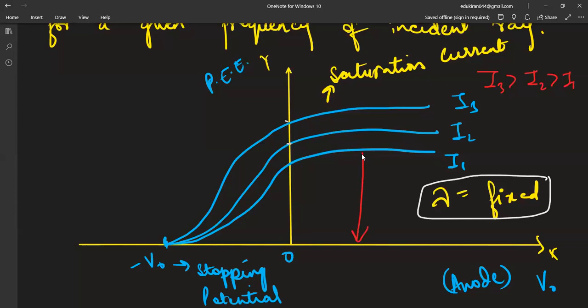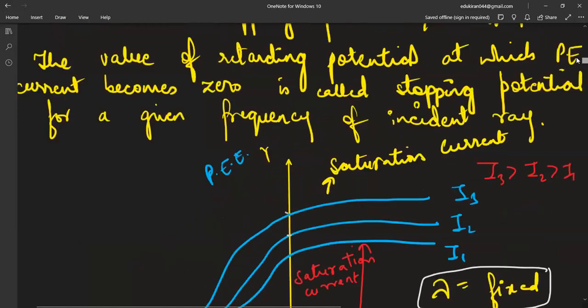This value of current that you are seeing is known as the saturation current. Whatever you increase, ultimately a plateau will be reached. This plateau is known as the saturation current. And when you see the potential's value in the voltmeter, it will be the same minus V0, that is the stopping potential.